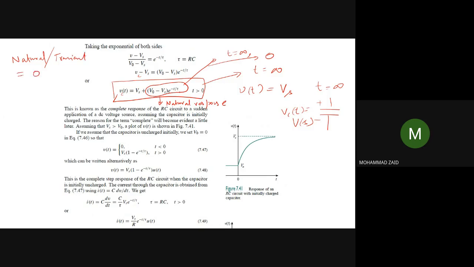Now, this is very, very important. It means that at t equal to infinity, V naught, that is the initial capacitor voltage, has no role to play in determining the forced response. This whole term has gone to zero, so the story of V naught, the initial capacitor voltage, is now finished.